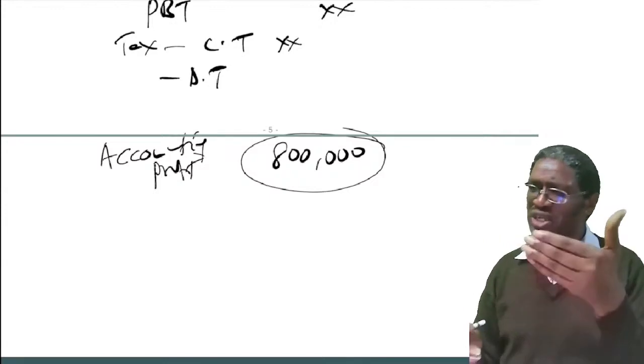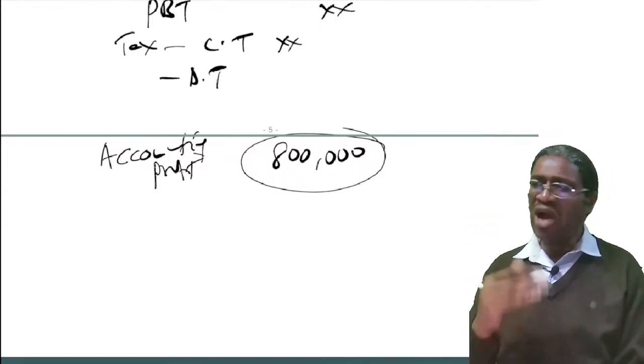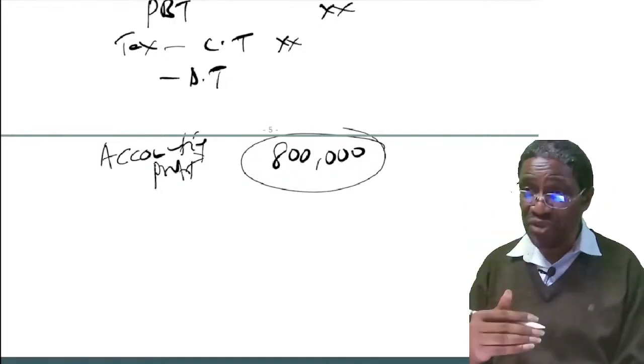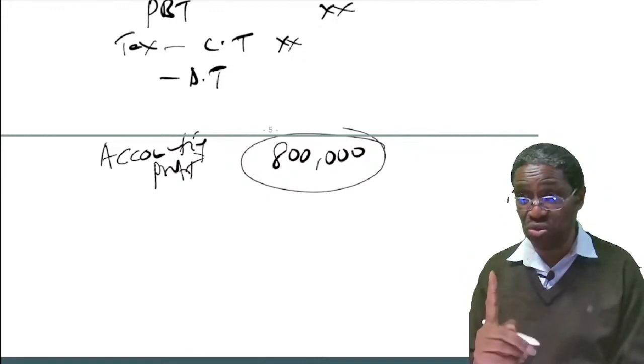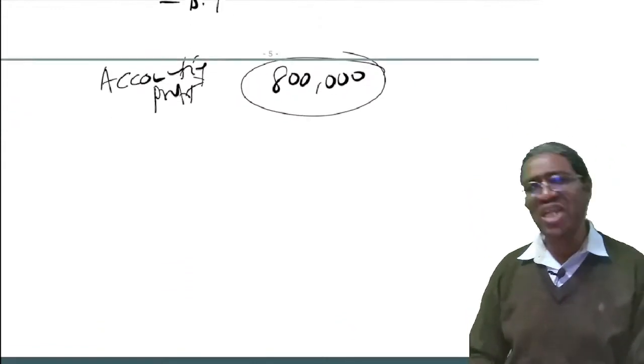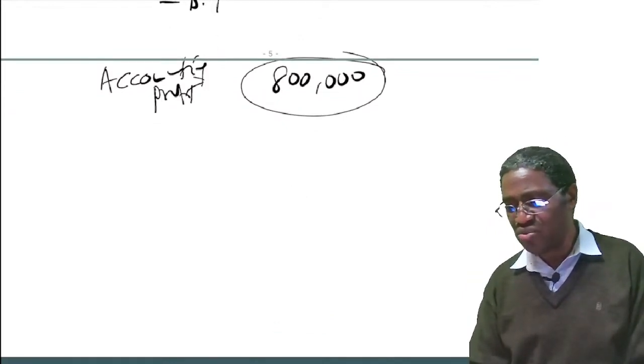But according to the taxman, he has his own rules on how you should calculate the profit on which he should tax you. So he will apply his rules, and he might find that you are supposed to pay tax on maybe 700. Let's assume 700.